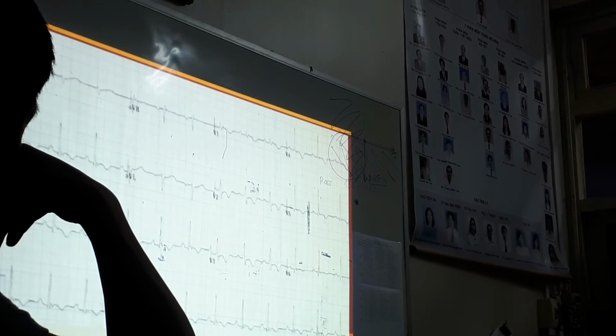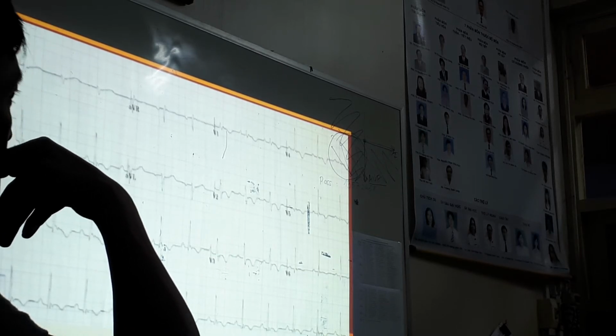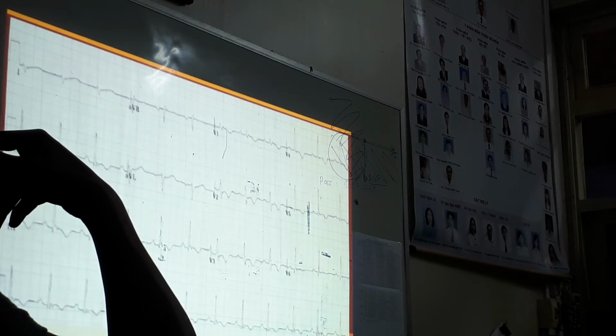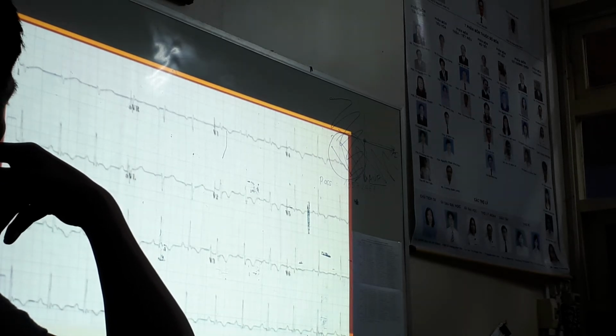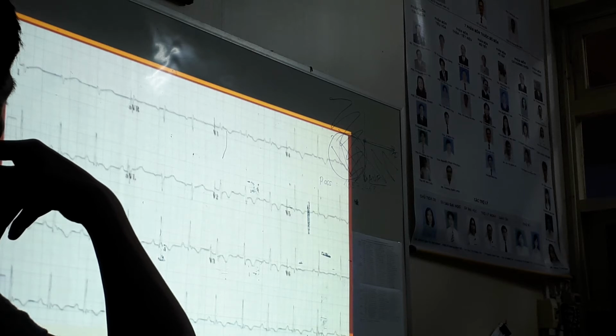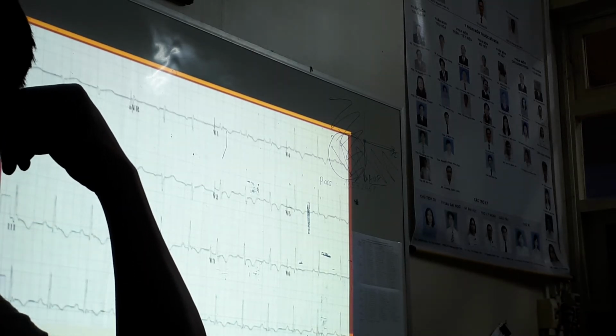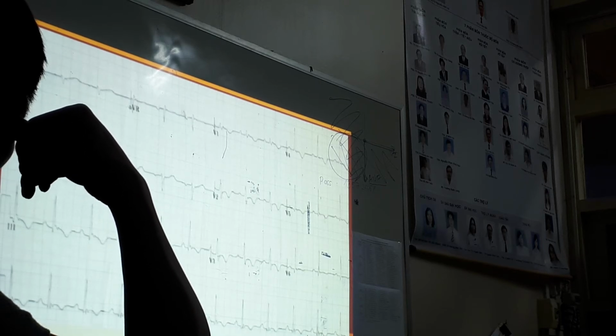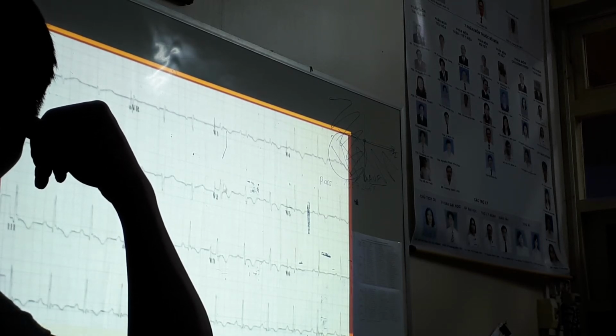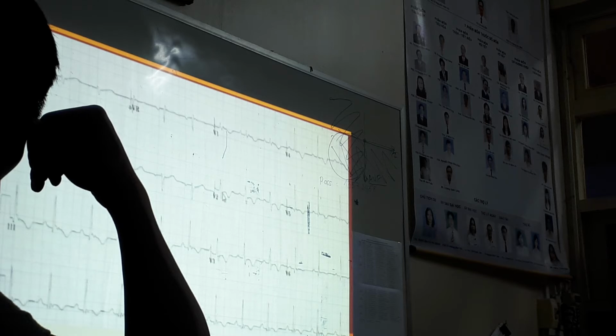This is another special case. This is called arrhythmogenic right ventricular dysplasia, okay? You have T-wave inversions in V1 through V3, and you see here you have this little notch.